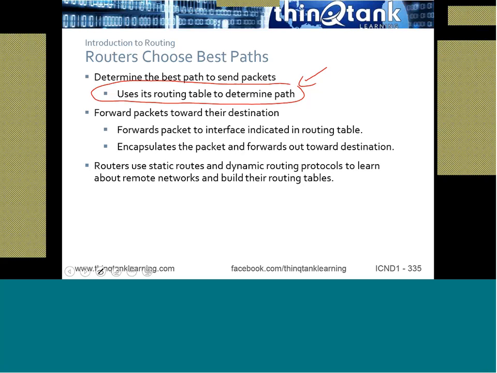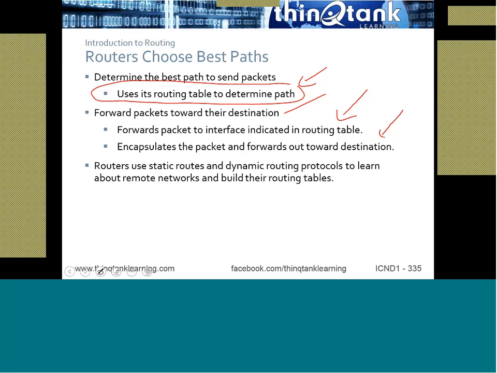So it says here, forwards the packets towards the destination. It goes out of a particular interface. In the case of a routing table, that interface is called the exit interface. The interface that the packet leaves from on the router is called the exit interface. Encapsulates the packet and forwards it towards a destination. What do they mean by it encapsulates the packet and forwards it towards the destination?